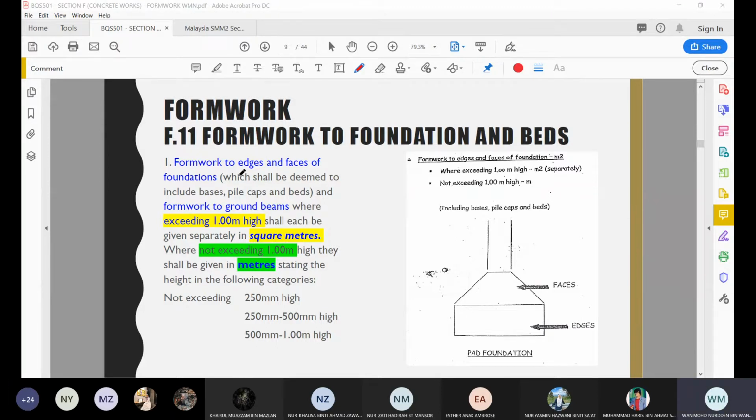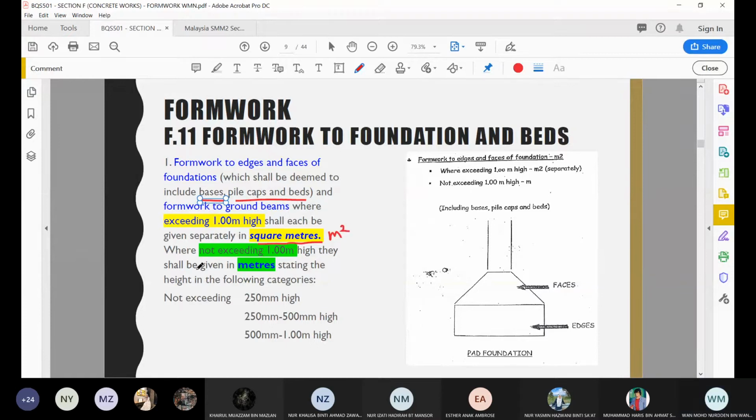Okay, formwork to edges and faces of foundation, which shall be deemed to include faces, parquet and beds, and formwork to ground beam, where exceeding 1 meter high shall each be given separately in square meter. So unit dia dalam meter square.